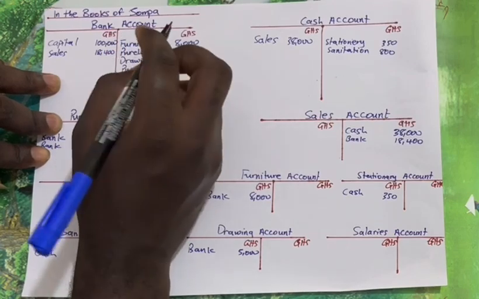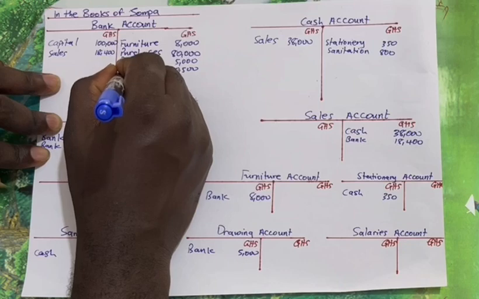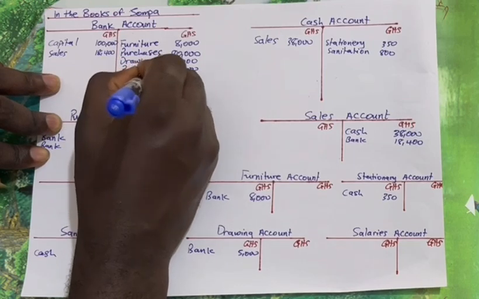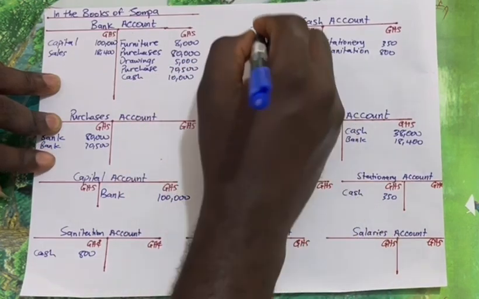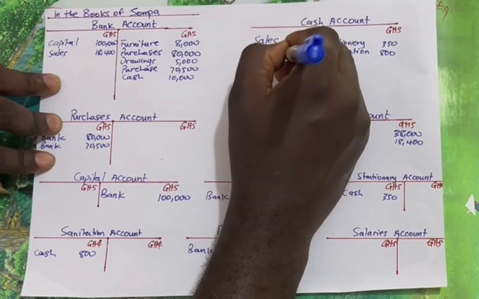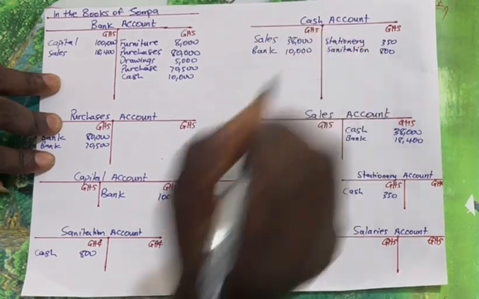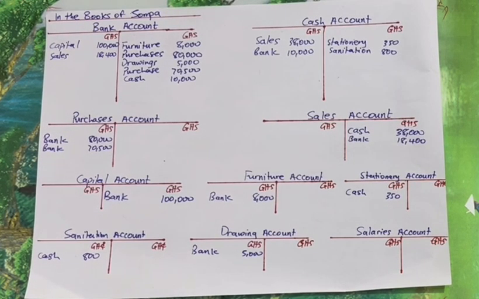So we have 10,000 in the name of cash, and then we have to credit here bank, another 10,000. Okay, that is what happened on the 18th of January.